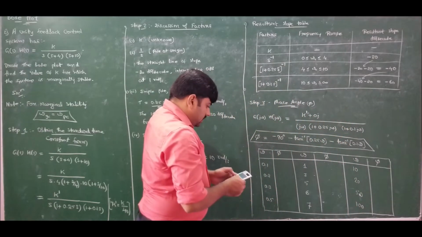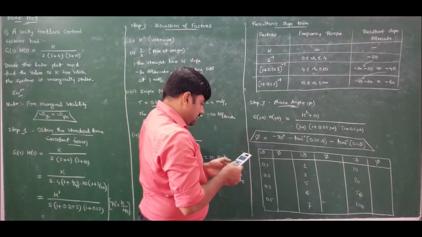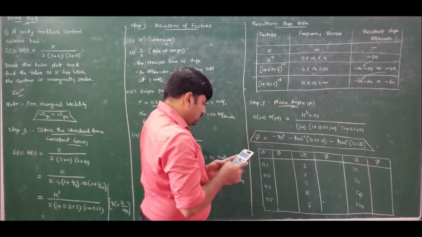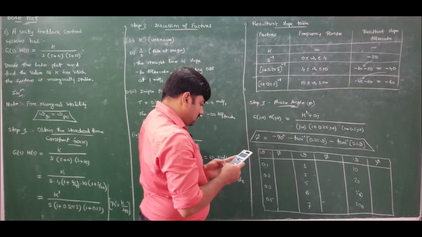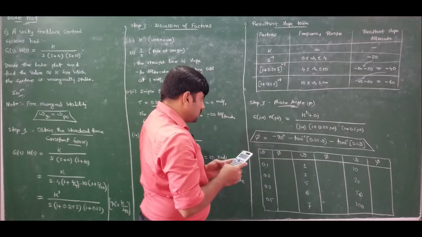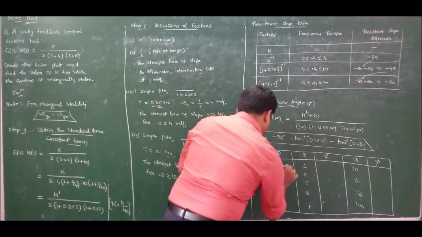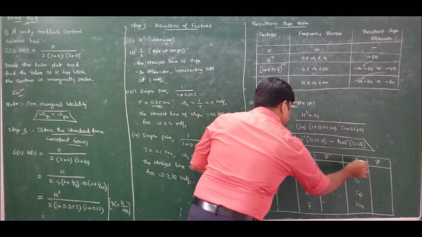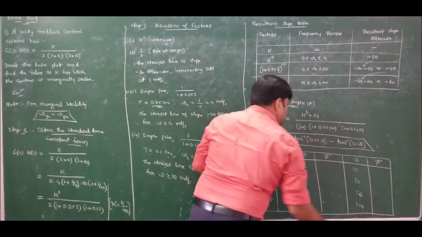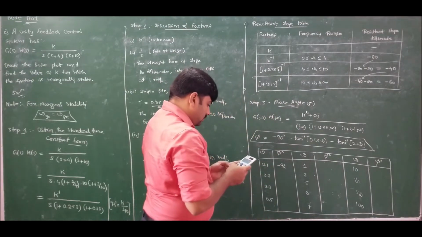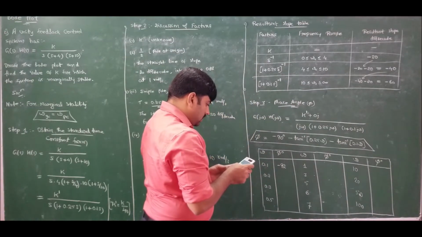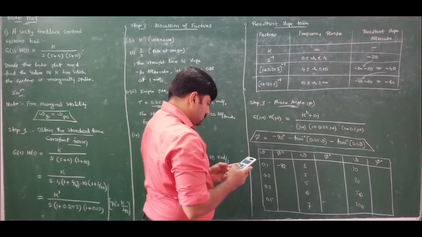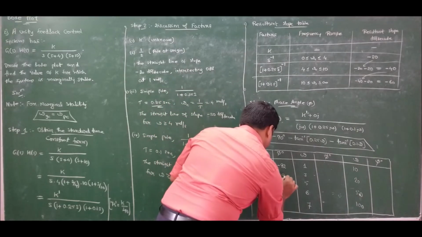Now find the values, that is minus 90 minus tan inverse of 0.25 into 0.1 minus tan inverse of 0.1 into 0.1. So I'll get the angle as minus 92 degrees. Phase angle is in degrees, whereas omega is in radians per second. Keep that in mind. For 0.2, you will get minus 94 degrees.